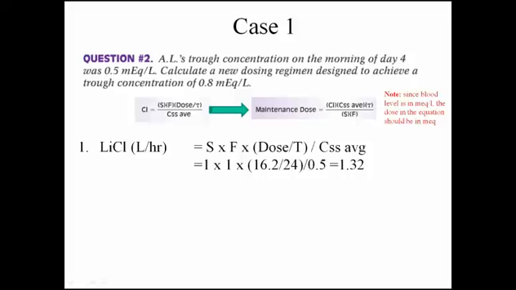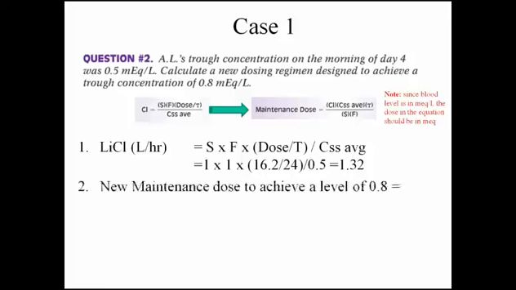The patient is getting 16 milliequivalents per day as we calculated in the previous screen, and the current level is 0.5, and this makes lithium clearance equal to 1.32 liters per hour.